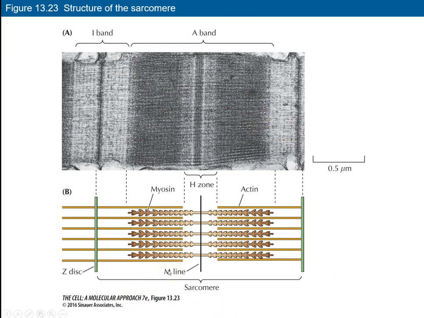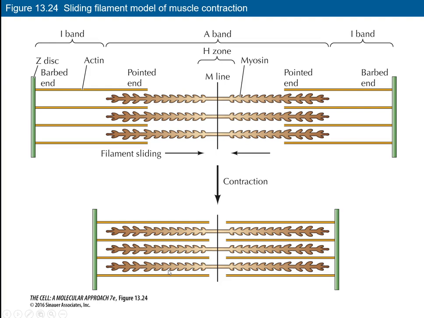And so we're going to talk a little bit about what happens during muscle contraction, right? So we zoom in here, okay? Again, here's your actin and here's your myosin, okay? And this whole thing is your sarcomere, okay? Think about this as the muscle in its relaxed state. When it contracts, the sarcomere shortens, right?